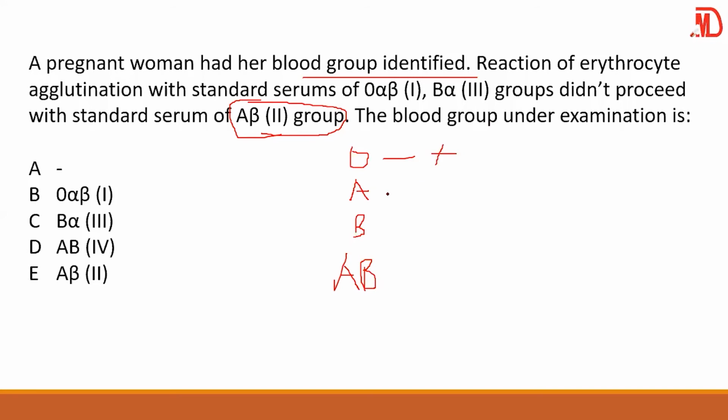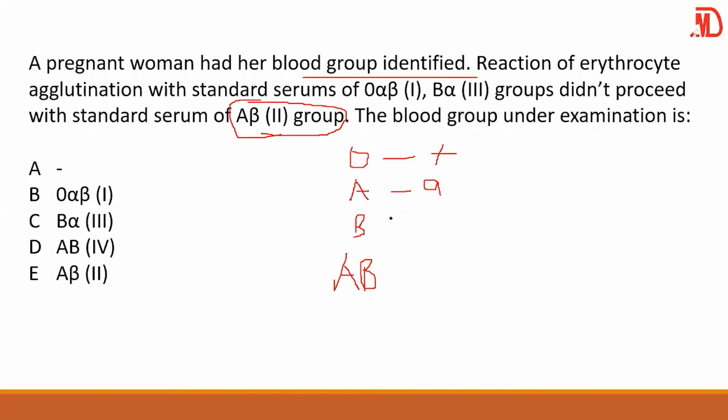Blood group A has antigen A. And so therefore it will agglutinate with blood group B and blood group O. It will agglutinate.